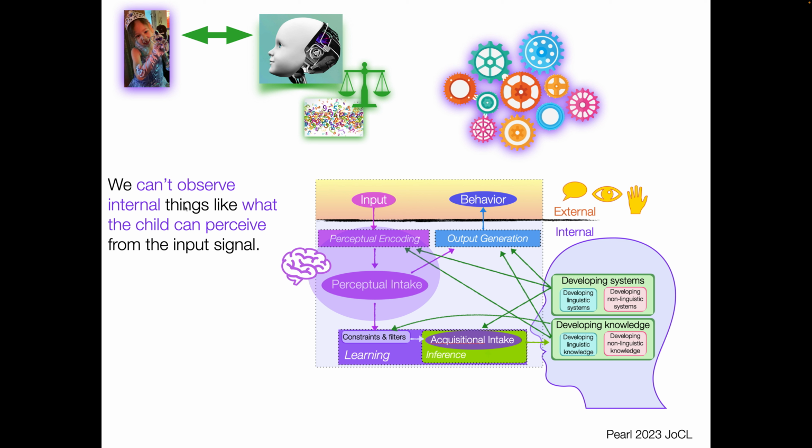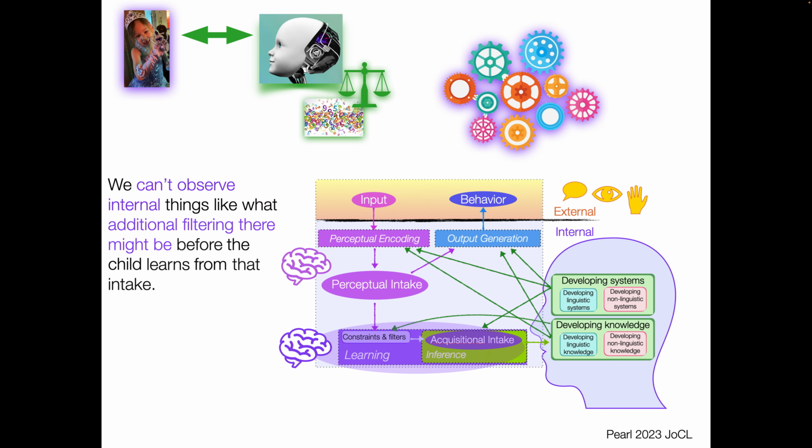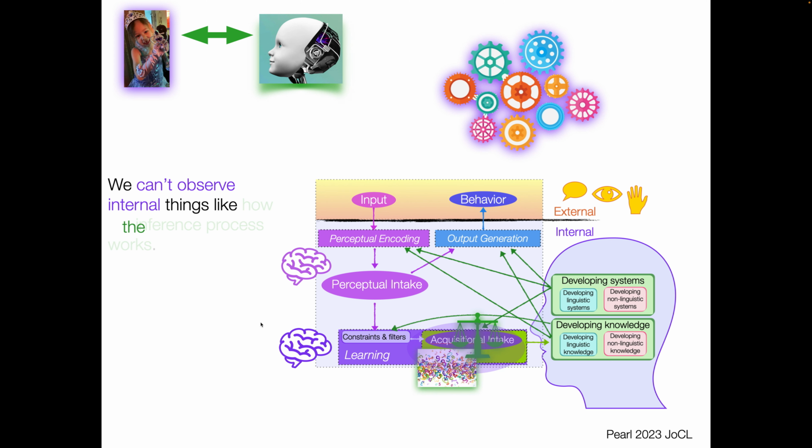We can't observe internal things like what the child's actually able to perceive and encode from that input signal. We can't observe internal things like any additional filtering or focusing or selective attention that there might be before the child actually learns from whatever that intake was. We can't observe how the inference process itself actually works, right? We can't see that.